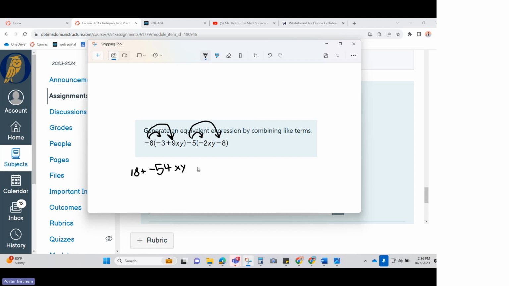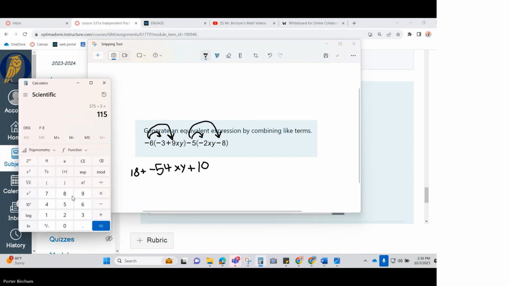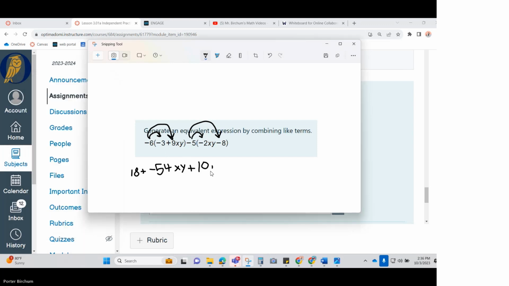Now, this -5 times -2 would turn it into a +10 xy.